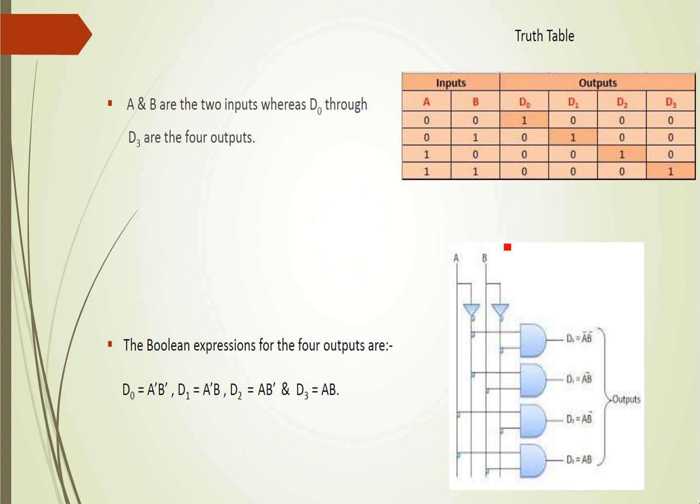And for D1, here D1 is high for the input combination 0, 1, and for other combinations D1 output is 0. So here A0, B1, so that is A bar, B. So here A bar, B. And for D2, A1, B0 is A, B bar.